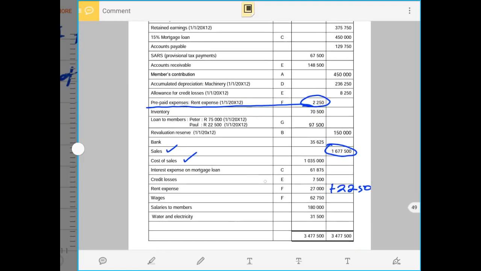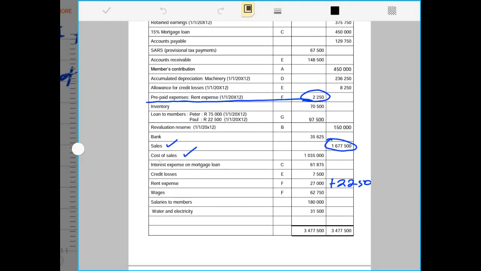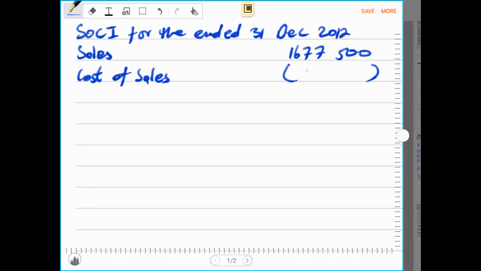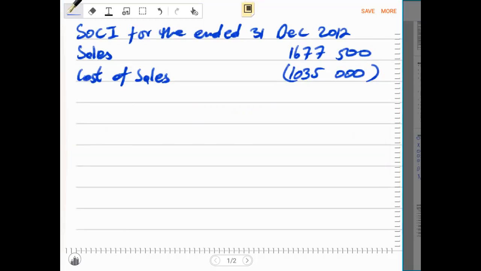Okay, our cost of sales is 1,035,000 rands. Then we record that 1,035,000 rands. So now that will be our cost of sales.